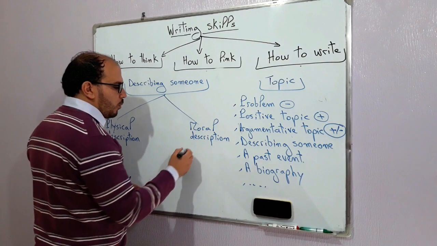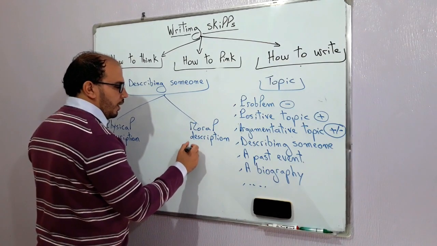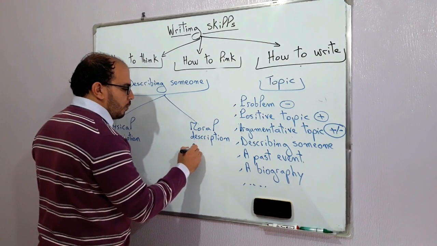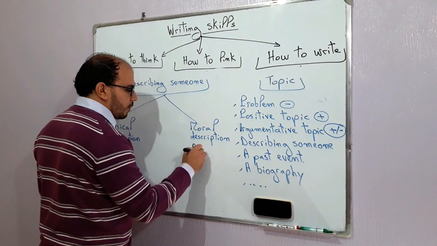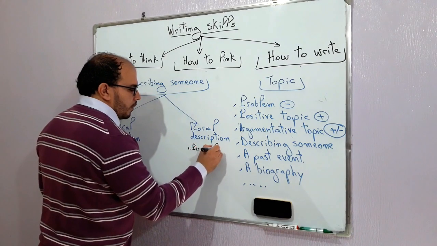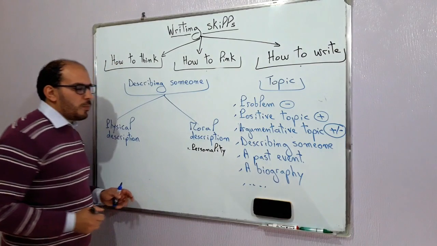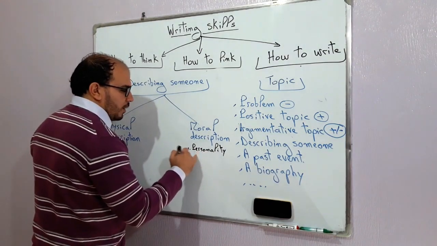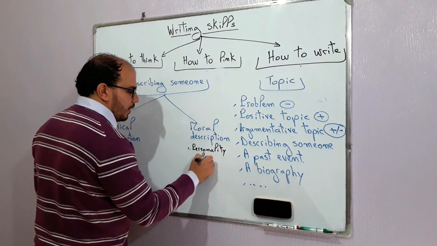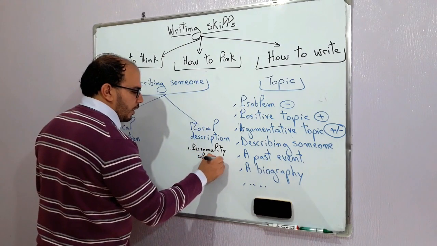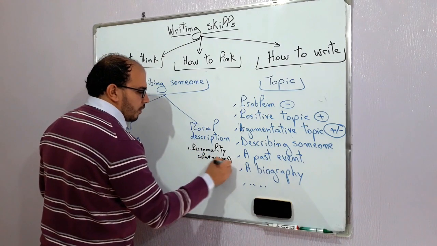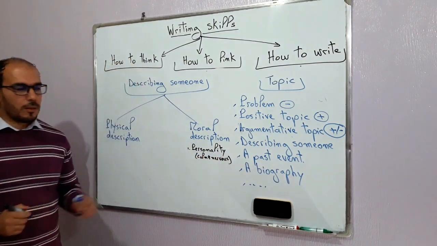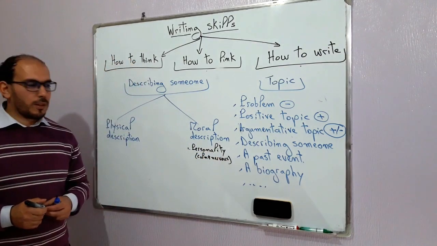When I speak about moral description, for example, I have to speak about personality. I have to describe the personality or the personal traits. For example, someone who is calm and someone who is nervous. These are just examples. So I have to describe the personality of this person.